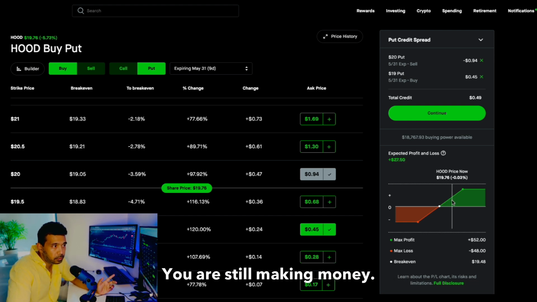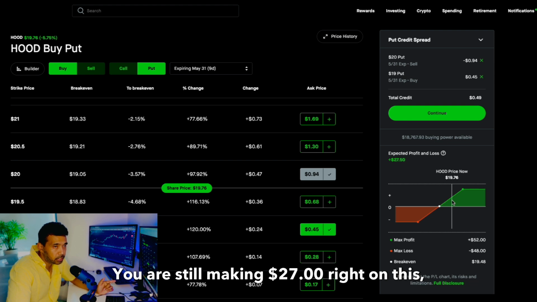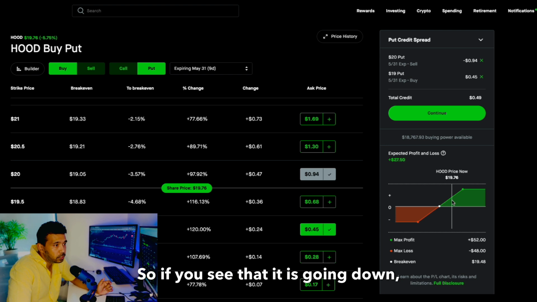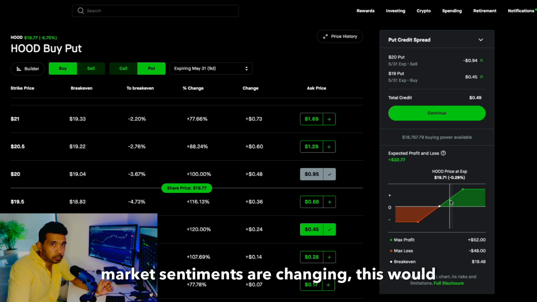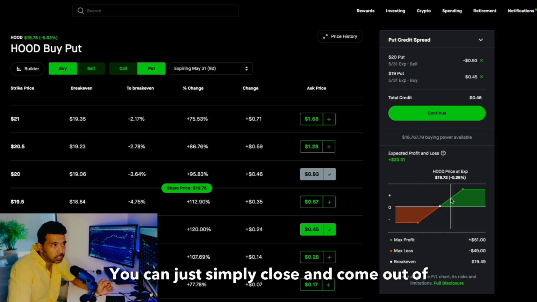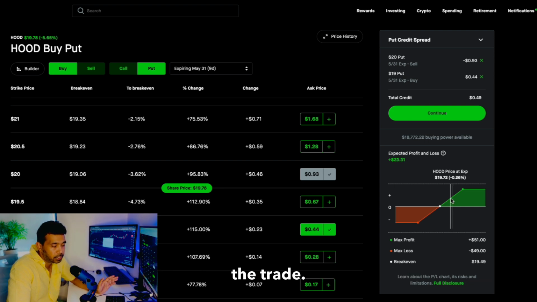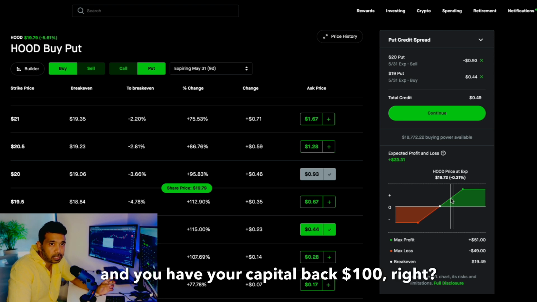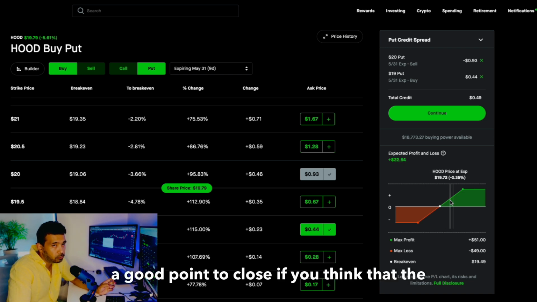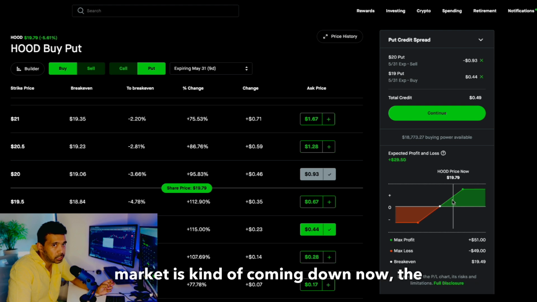You are still making money, about $27, which is almost 50% of your total profit. So if you see that it's going down and market sentiment is changing, this would be a good time to close out your trade. You can simply close and come out of the trade. You make $27 and you have your capital back, $100, so you can play your next trade. This would be a good point to close if you think the market is coming down.